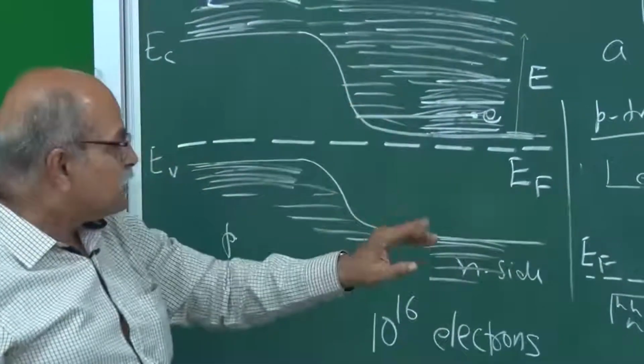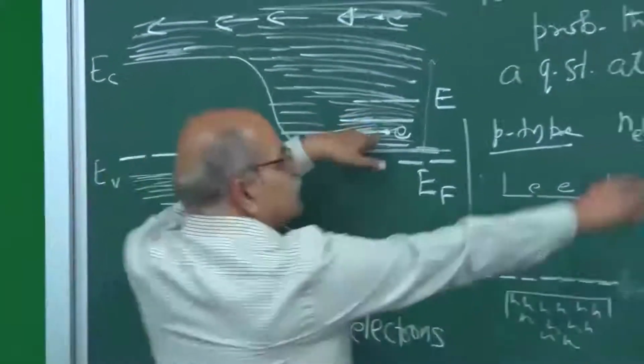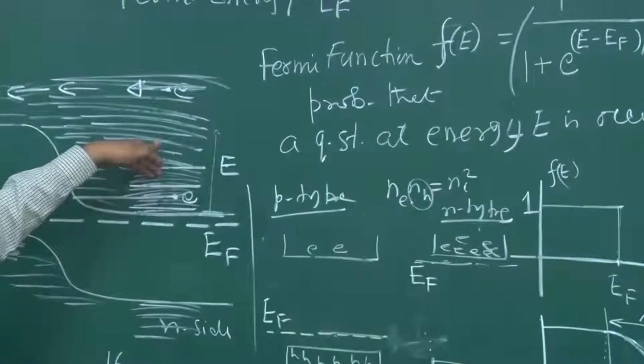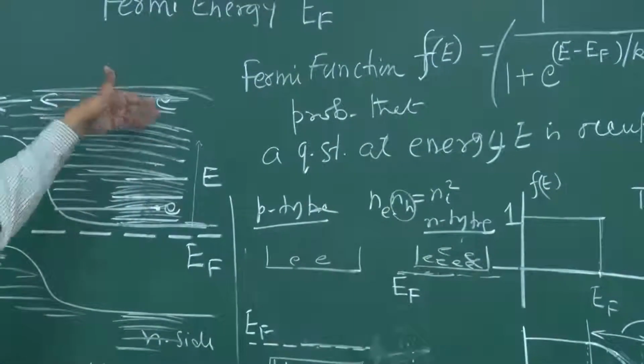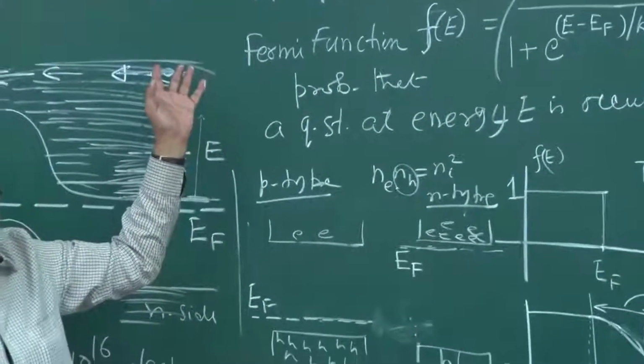You have one parameter: the probability of occupation is given by this expression. You put different energies E and you can get the probability.